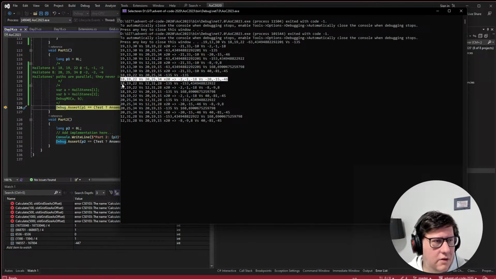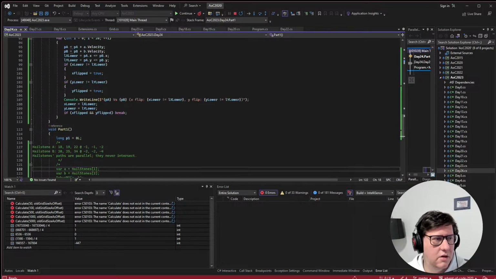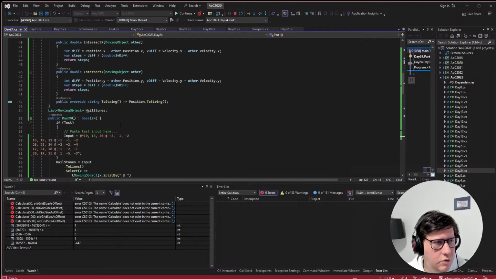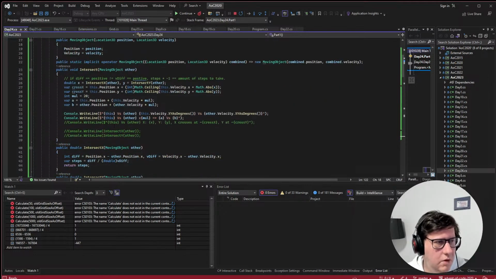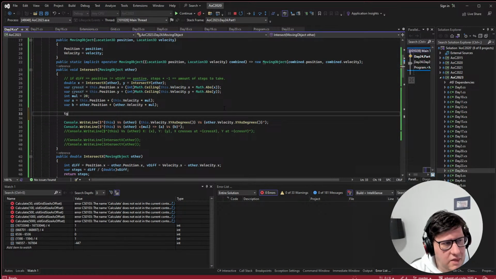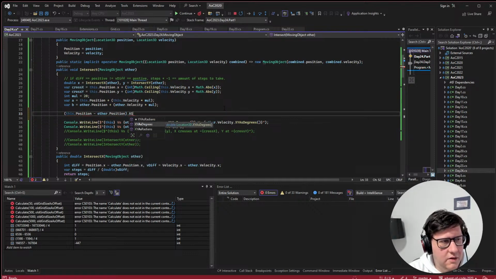And I wonder if I can do the difference between these two as another offset. Let me see. If I do this dot position minus other dot position like this as degrees.